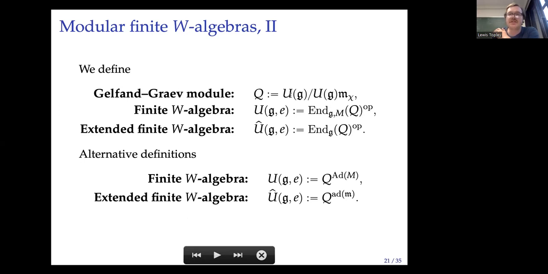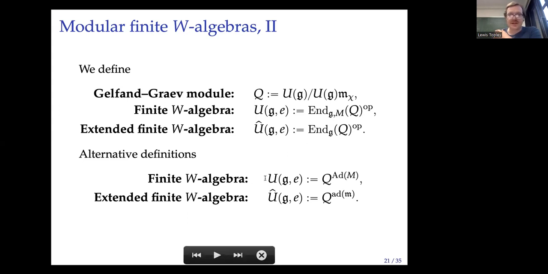So we're no longer taking reduced enveloping algebras. The finite W-algebra is just the endomorphisms which are equivariant with respect to M. This is a slightly different detail, something which doesn't crop up in characteristic 0 as well. And the extended finite W-algebra is just the opposite endomorphisms. And I'll explain in a moment why there are two W-algebras knocking around all of a sudden.